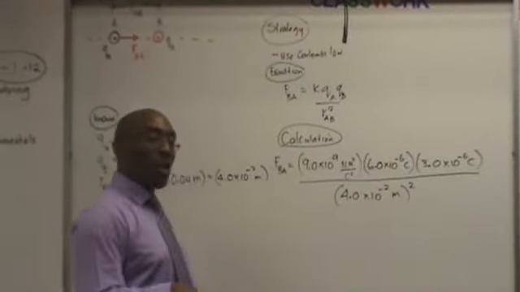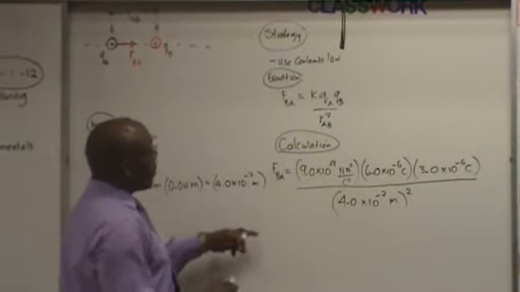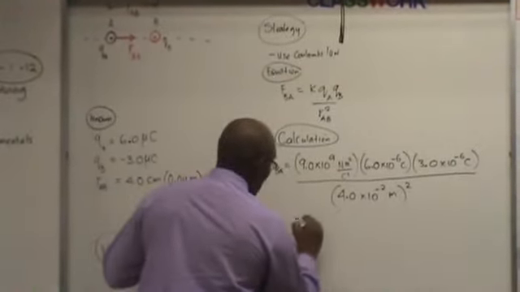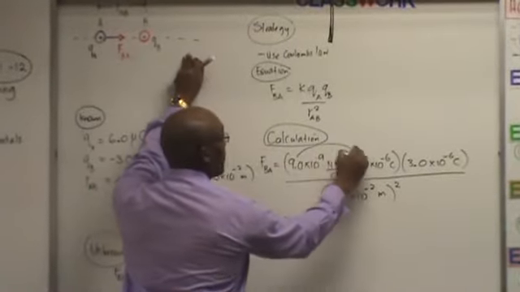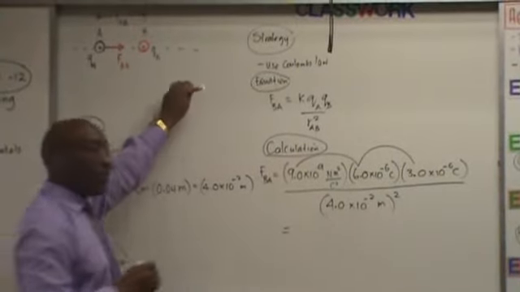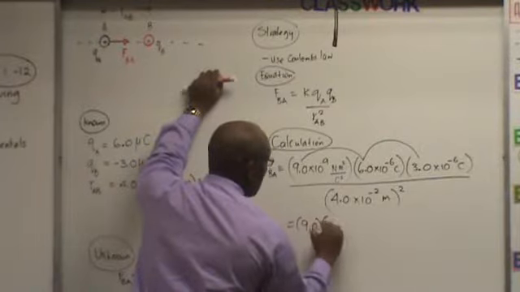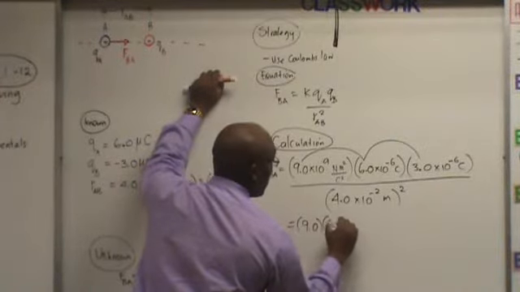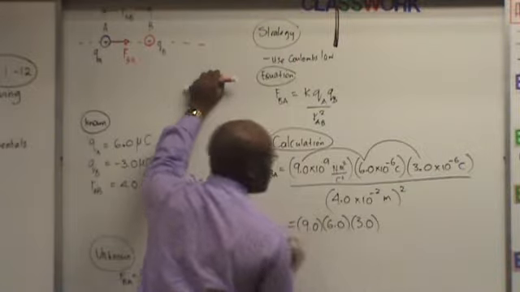But I'm going to show you how to do it if you don't have a calculator, okay? So, the way to do it is, first step, you take all the numbers. Those are your three numbers at the top: 9.0 times 6.0 times 3.0.